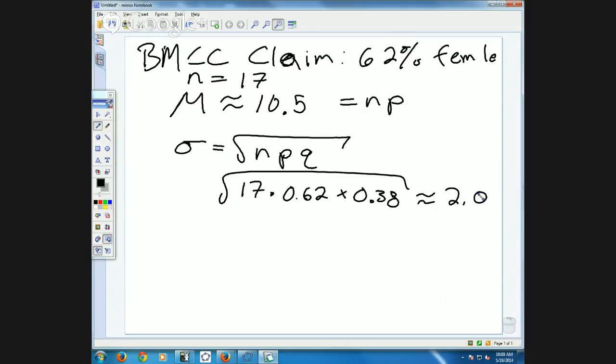Let's see, what else can we do? Well, we actually have females in this room, so we can count to see what we have here to compare it to 62. So 1, 2, 4, 5, 6, 7, 8, 9, 10. Can someone verify that for me? 10 people. Okay. So in this particular not so random sample, we have x equals 10 females.